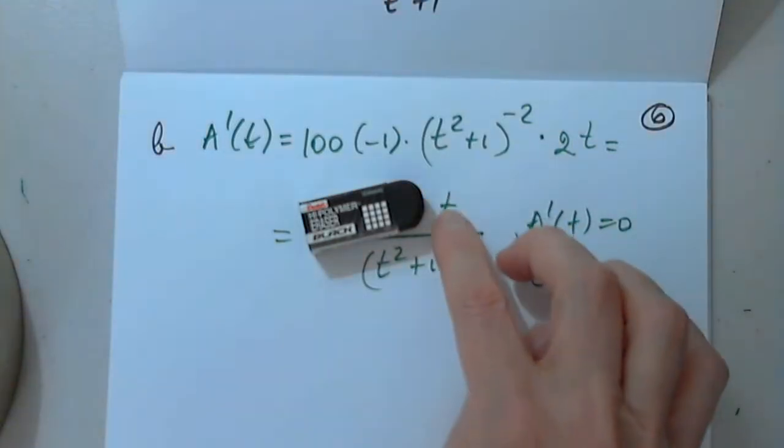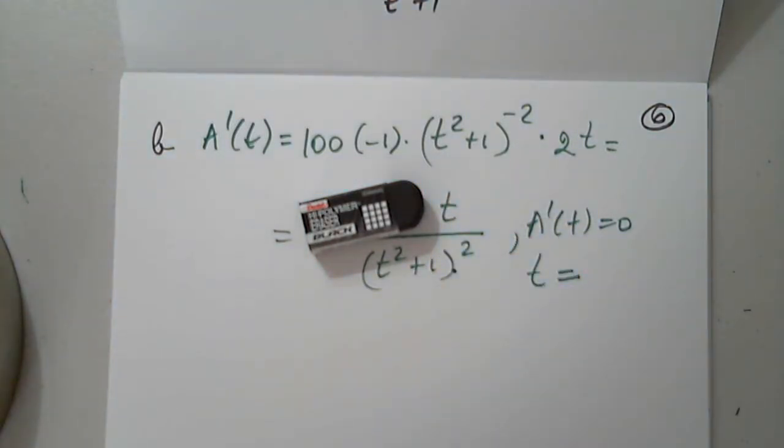When is a fraction 0? When the denominator is 0, the fraction is undefined, and it's not the case. t squared plus 1 can never be 0.